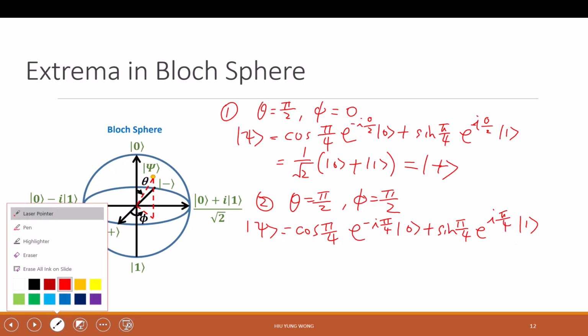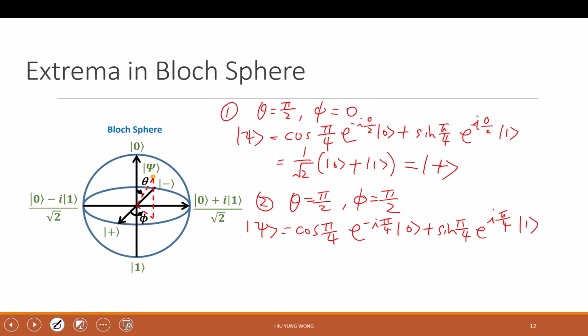So I need to do some manipulation. You will see that first the cosine pi over 4, sine pi over 4 is 1 over square root 2. I take it out. And at the same time, I take out e to the power i pi over 4. When I take out i pi over 4, the first one, 0, is just 0, right? I take out the whole thing, e to the power i pi over 4.